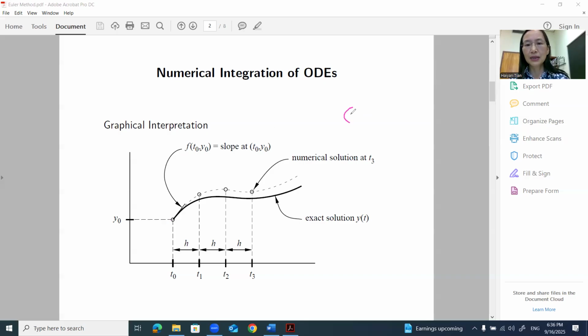So in future steps, t1, y1 is only an approximate point, not exactly on the curve, and the slope at this point of the solution curve is also approximate, right? We use this, and then we construct a line using the point-slope formula. So that's how we proceed.